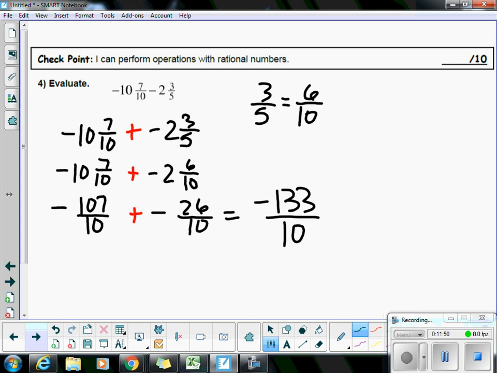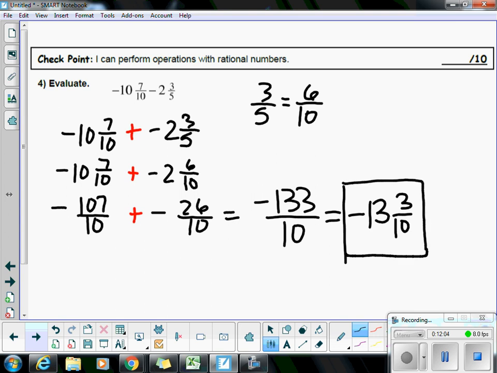All right, 10 goes into 133 13 times, with 3 left over out of 10. So my final answer is -13 3/10. Some people like to convert these numbers to decimals, do their work, and then convert it back into a fraction, and that works just as well.